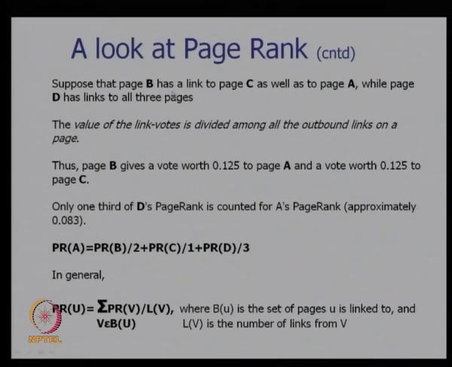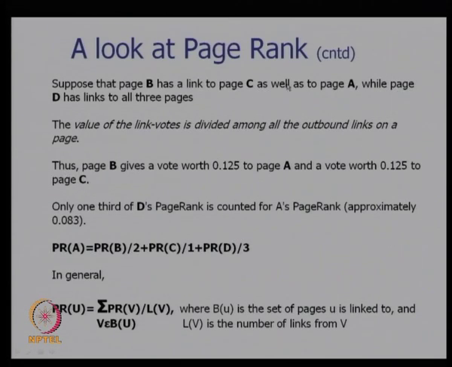Now, suppose that page B has a link to page C as well as to page A, while page D has links to all the 3 pages. So, the value of the link votes is divided among all the outbound links on a page.